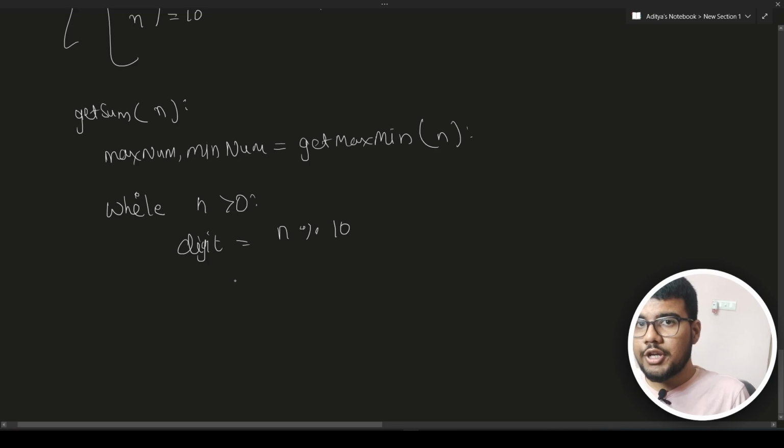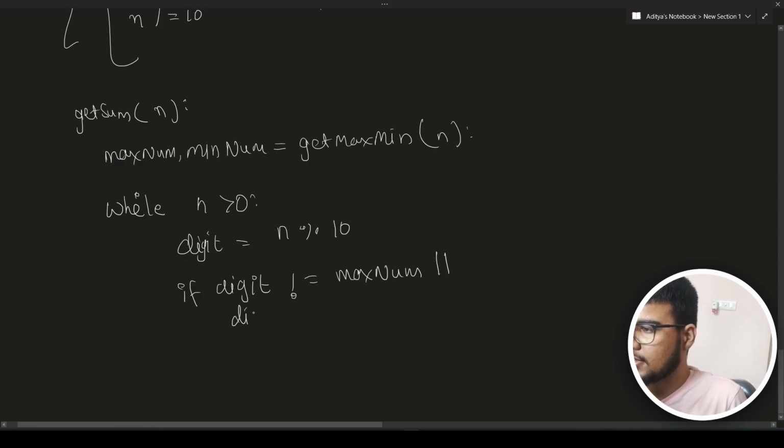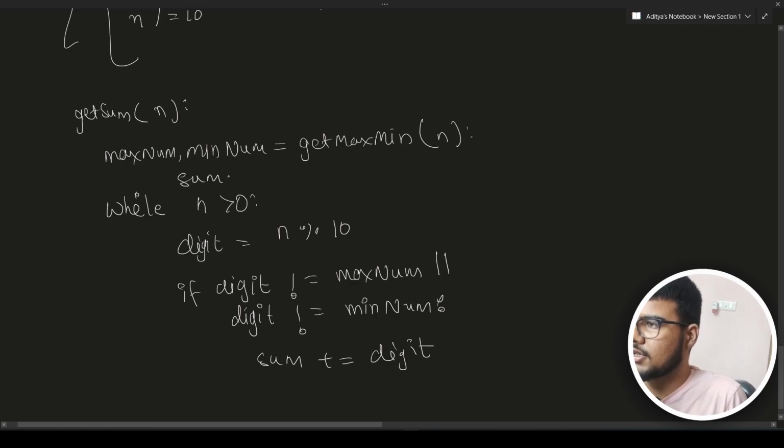Now we need to find the sum of digits by excluding the minimum and maximum. So I will write the case: if my digit is not equal to max num and digit is not equal to min num, then compute the sum: sum plus equals digit, where we have initialized sum at the very start. Great.